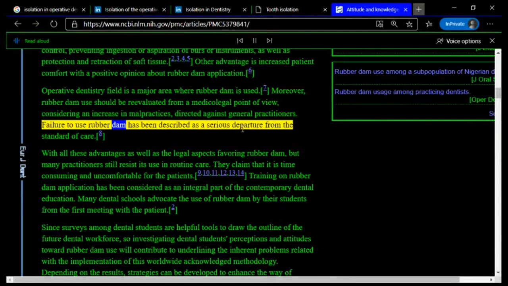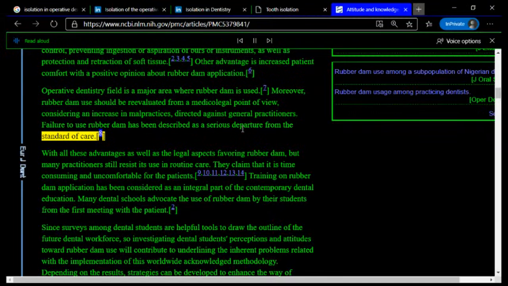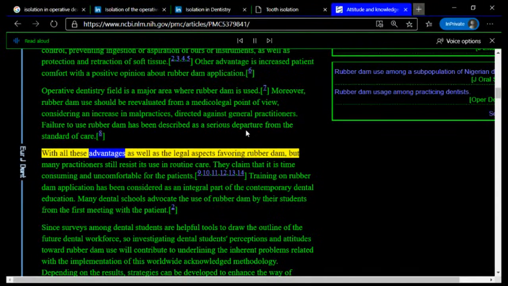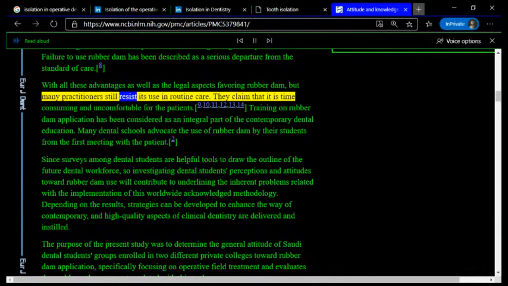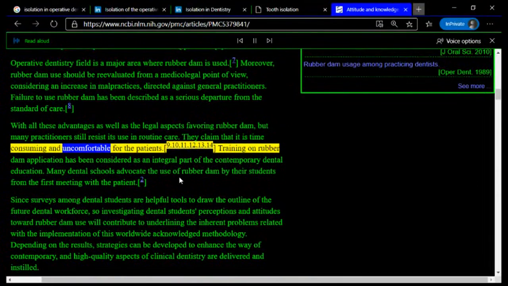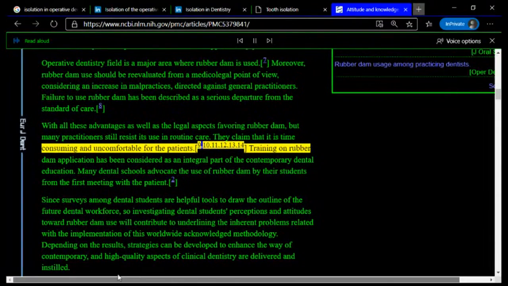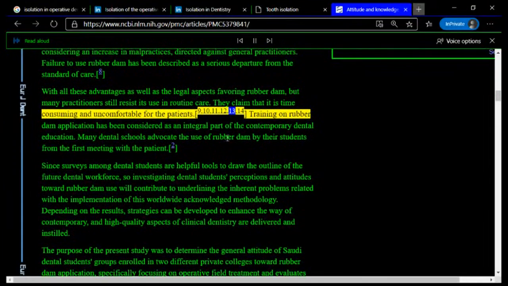Failure to use rubber dam has been described as a serious departure from the standard of care. With all these advantages, as well as the legal aspects favoring rubber dam, many practitioners still resist its use in routine care. They claim that it is time-consuming and uncomfortable for the patients.